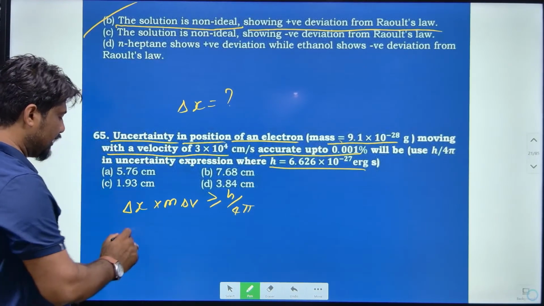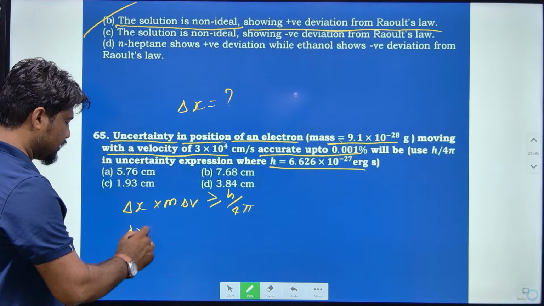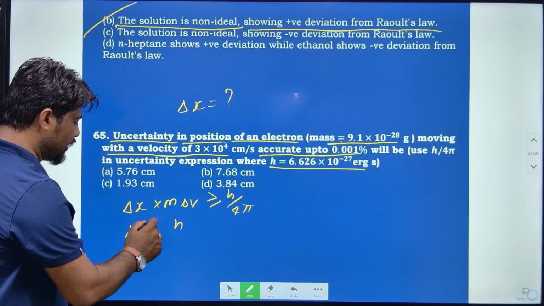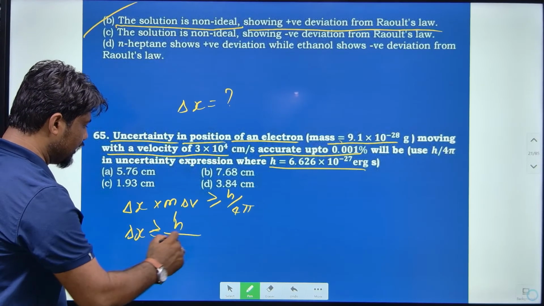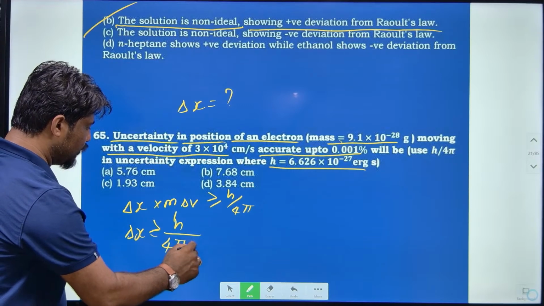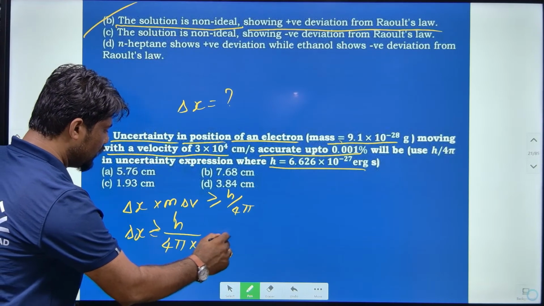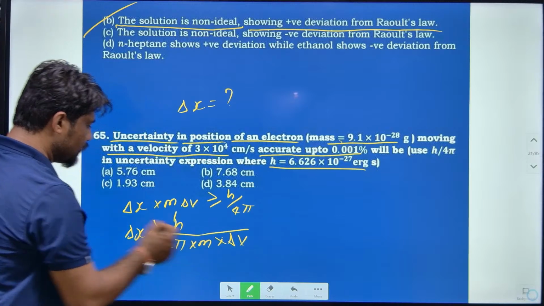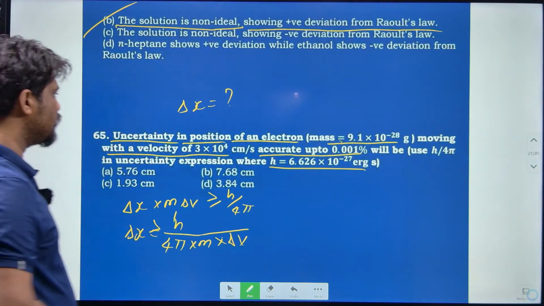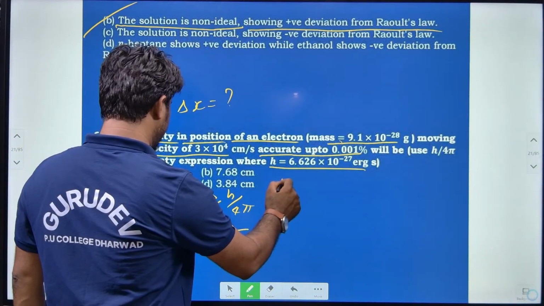So I need to calculate delta x. Delta x is equal to or greater than h divided by 4 pi into m into delta v. We need to substitute the values.